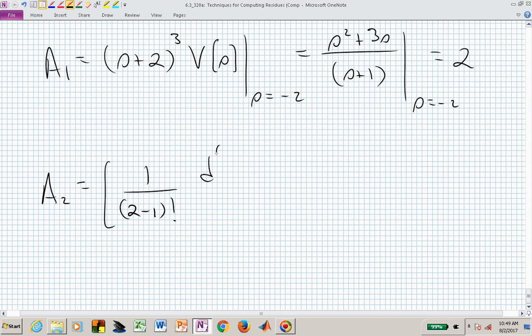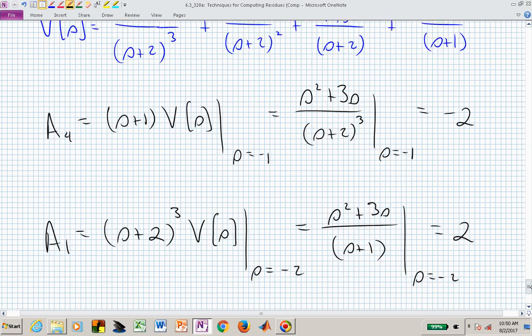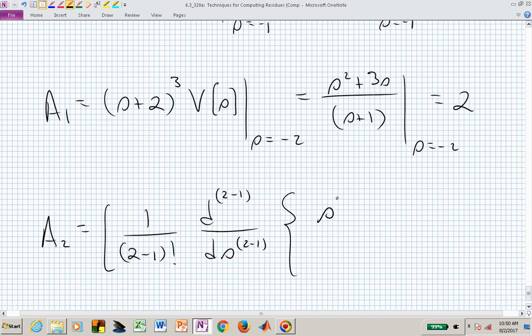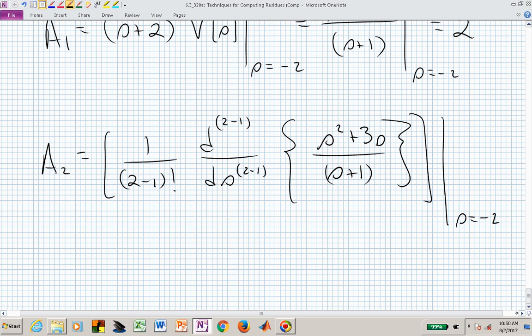Then we differentiate with respect to s 2 minus 1 times, and what we're differentiating is the numerator times s plus 2 quantity cubed, which is really just s squared plus 3s over s plus 1. And once we've done that, we then evaluate that at s equal to minus 2.